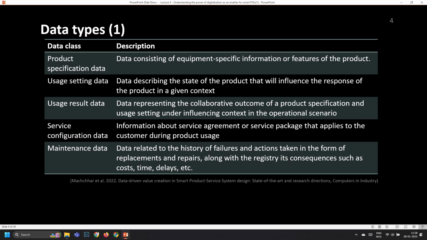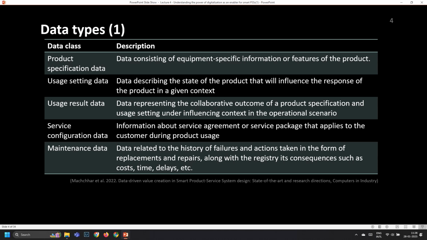And of course, you should be able to get access to the upcoming tables like this. So the first table explains to you different types of data that are relevant for PSS design.